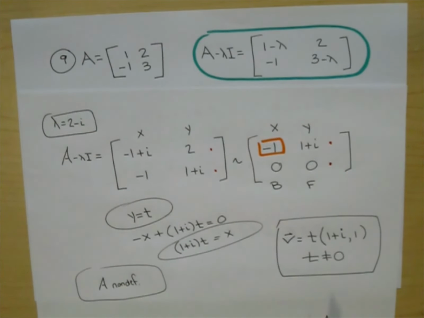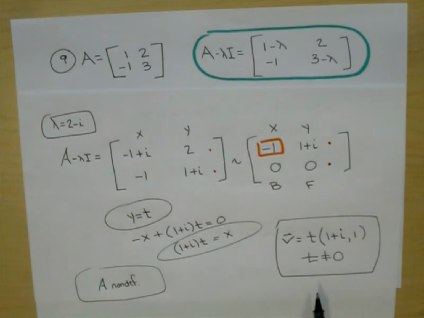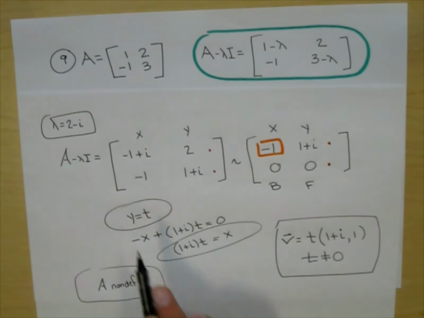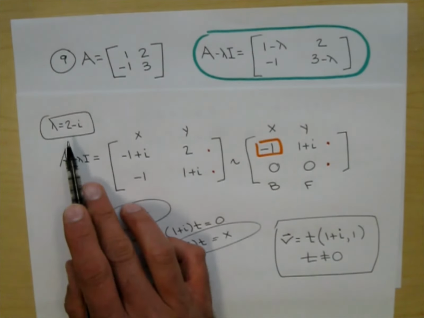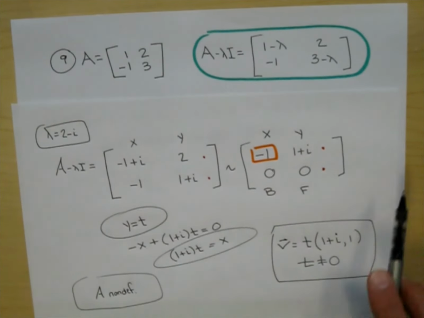What I wanted to show you is one other thing about this result here. Here's my eigenvector, or set of eigenvectors, for 2 minus i. I want to show you something that's kind of neat.